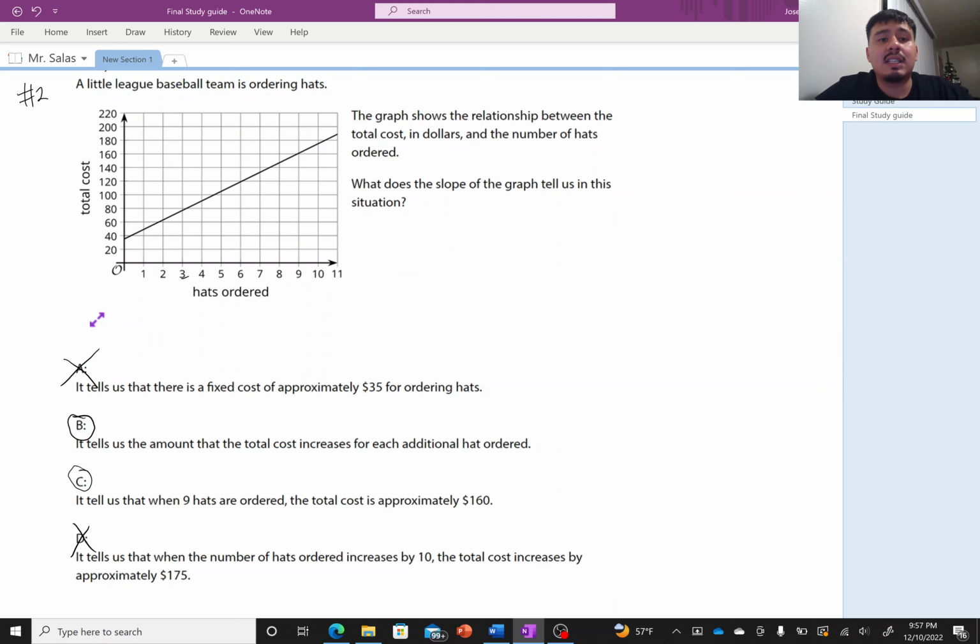However, it doesn't tell us to pick one answer. We can pick as many answers that are true according to what the slope represents. Since the slope tells us that the total cost increases for each additional hat, that one is true. And it also gives us a specific value: when we look at 9, it should be at approximately 160. That happens to be true, so we can select that as an answer as well.